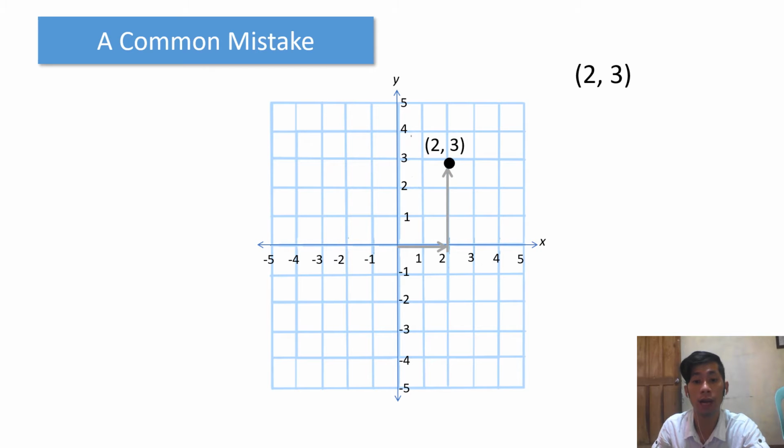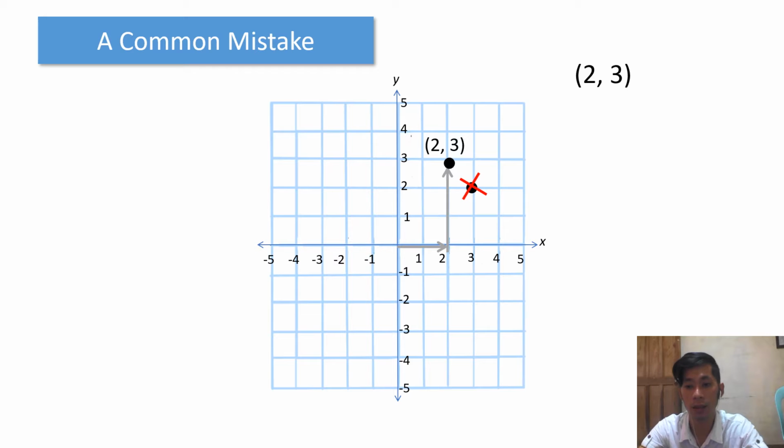First, you count 2 units to the right side and 3 units above. We count 1, 2. So that is 2. Then 3 units up: 1, 2, 3. So this is the correct point.